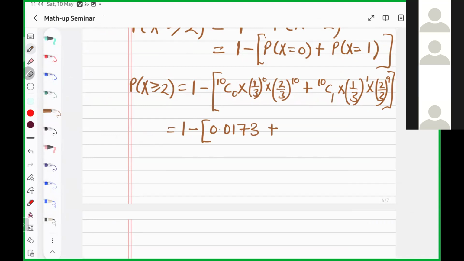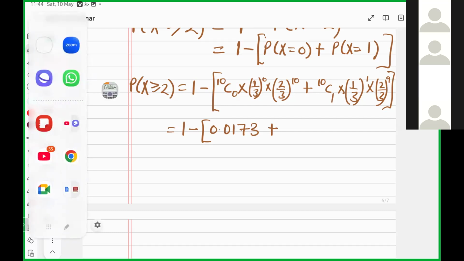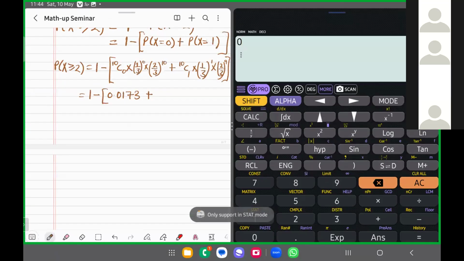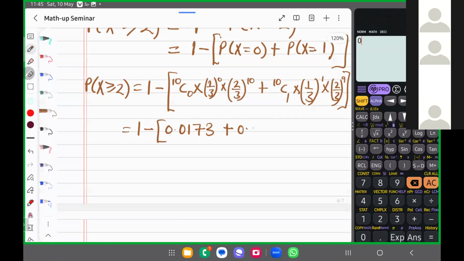Then for the second one? For the second one, I'm getting 0.0867, without the 1.